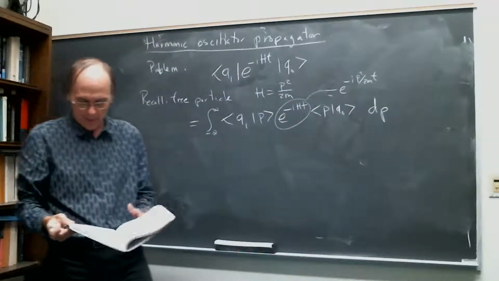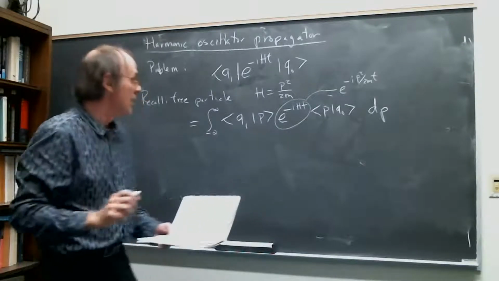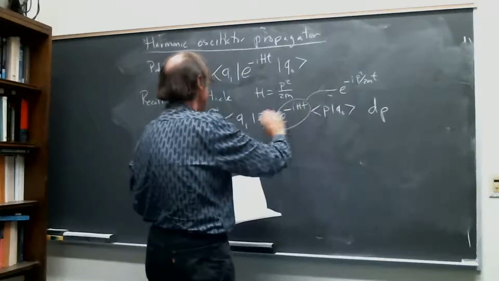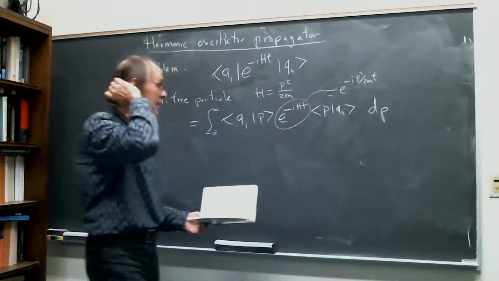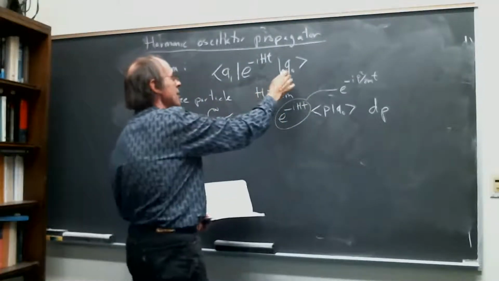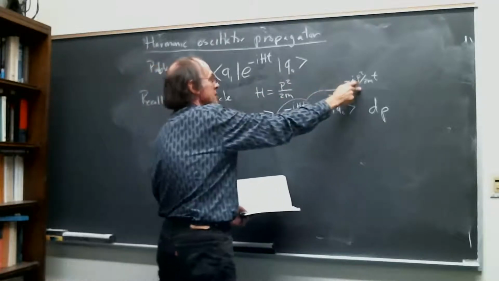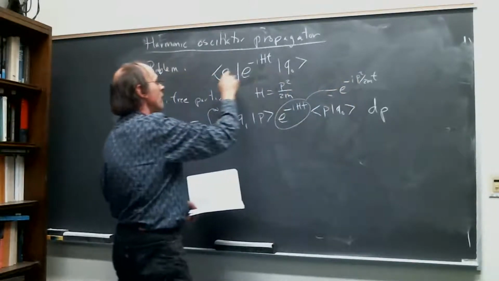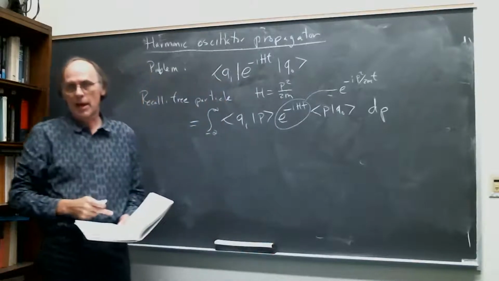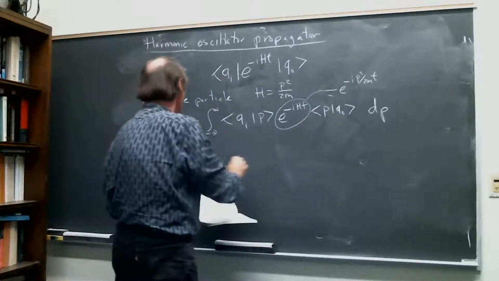I'm being a little bit sloppy here, but this is basically what you're doing when you Fourier transform to momentum space using the fact that it's diagonal, and Fourier transforming back, and then you get what you get.